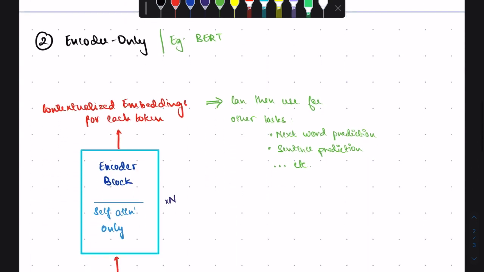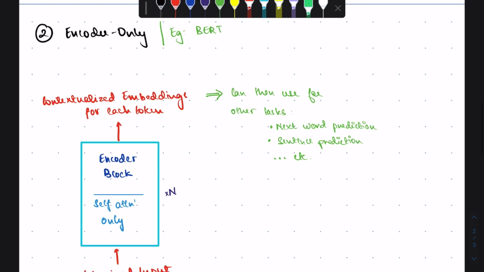Next comes an encoder-only model, such as BERT, and these are typically used for feature engineering or as part of pre-processing, so that the features generated here can then be used for other downstream tasks. The way it would work is you would take an input sequence, tokenize it, and feed those tokens into the stacked encoder blocks, which would go through multiple self-attention layers, and then you would have a contextualized embedding for each of those tokens.